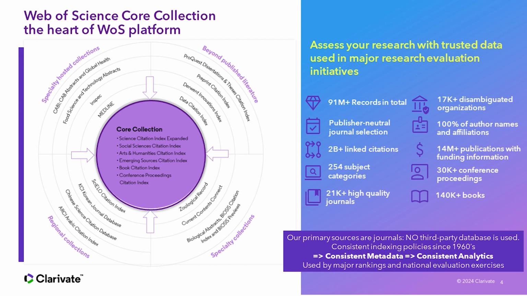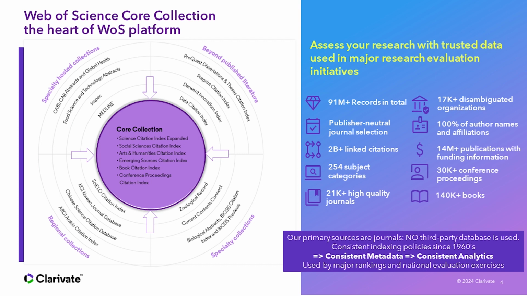We index all the author names and affiliations, so there is always a link between an author name and his or her address. Something that we saw in a previous webinar was the funding information. We have more than 14 million publications with funding information that you see in funding acknowledgements, for example, with grant data as well. We don't only index journal publications, but also conference proceedings, as I mentioned earlier: more than 30,000 conference proceedings and 140,000 books.